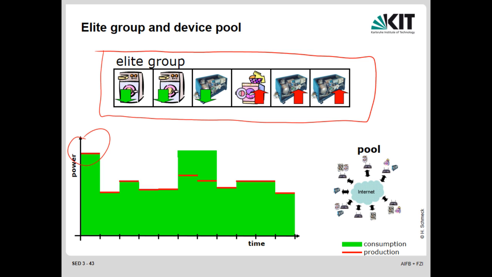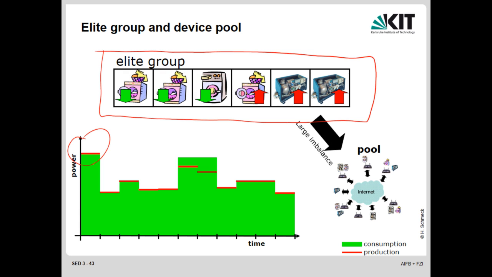Here you see that the washing machine now is taking care of reducing the demand, and then the next washing machine is responding, and this is not completely sufficient. One power generator here, the combined heat and power plant, is increasing its power generation, but it's not sufficient, and then the large imbalance is sent to the pool to take care of that.